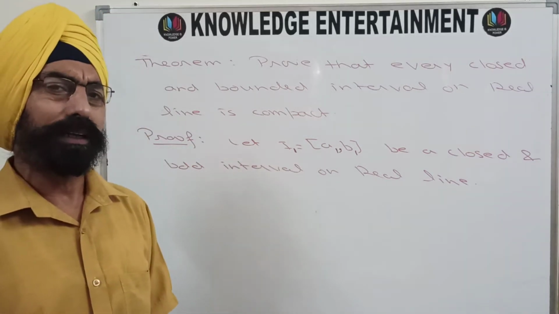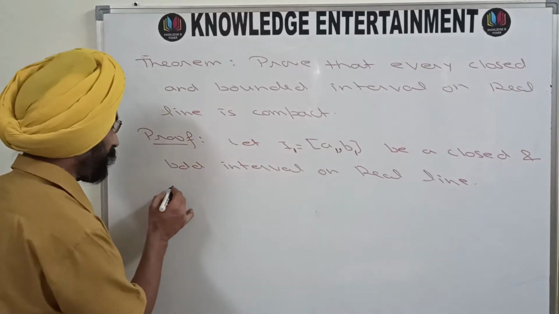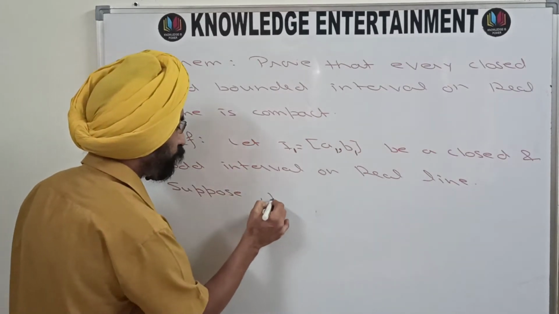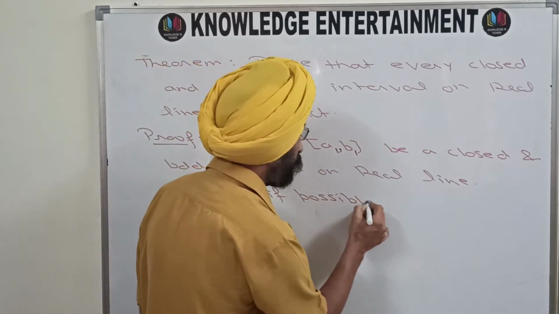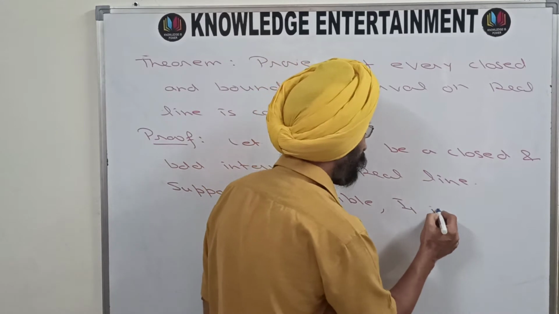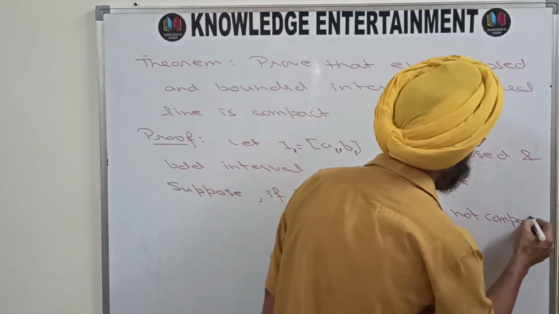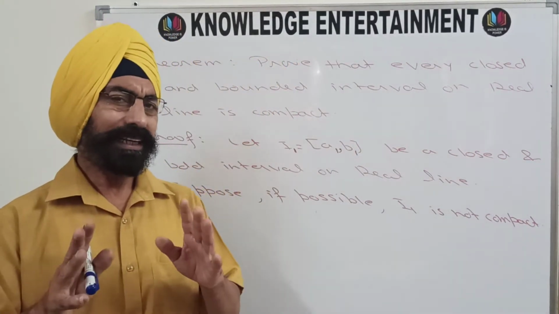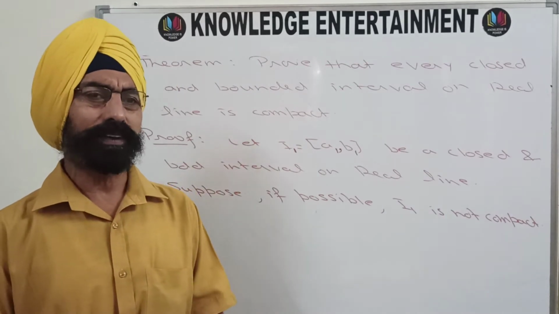Suppose, if possible, it is not compact. We are going the way of contradiction. Suppose, if possible, I1 is not compact. If a set is compact, then every open cover of it has some finite subcover.